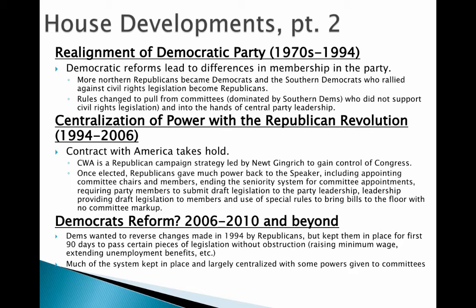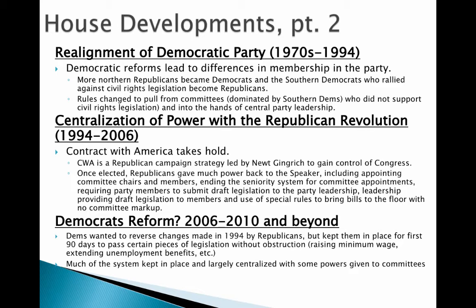All of the committee chairs are selected not based on seniority, but based on loyalty to the party and loyalty to the Newt Gingrich-run campaign in 1994. So if people were not on board with that, they lost their chair positions. And there were a lot of people that were mad. The party would issue draft legislation for its members to pass through their committees with very little discussion or debate.